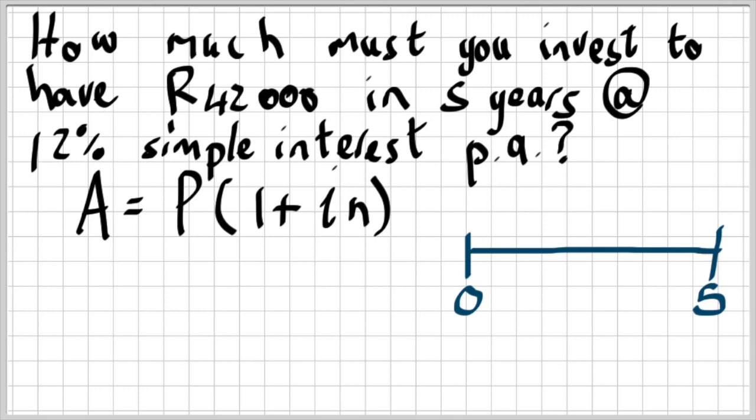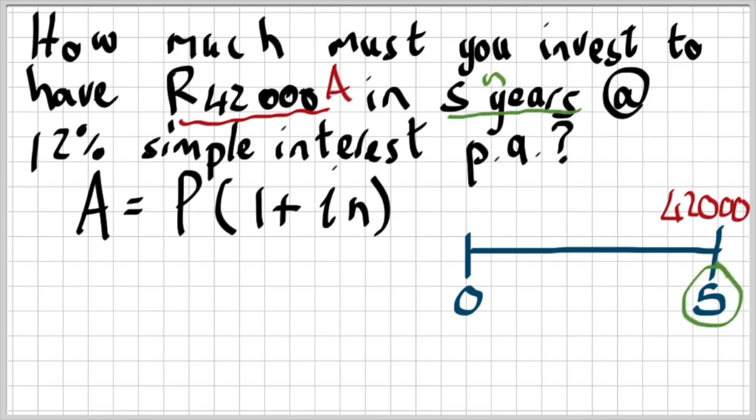When I look at this, my A value is 42,000 Rand because they say it is in 5 years' time. The n is the 5. On my timeline, I've got it there. And then the i is 12%, 12 over 100.